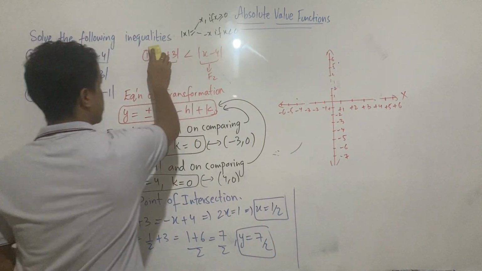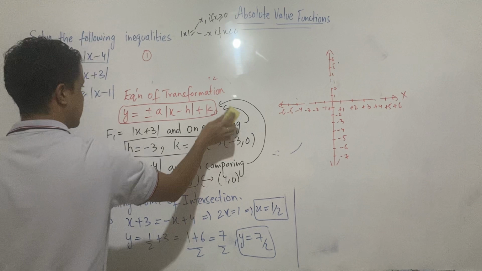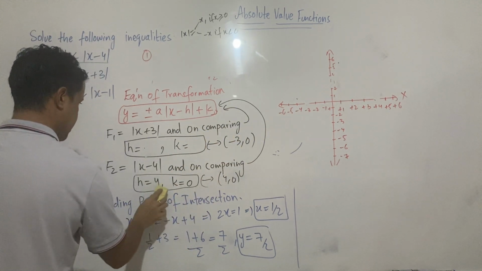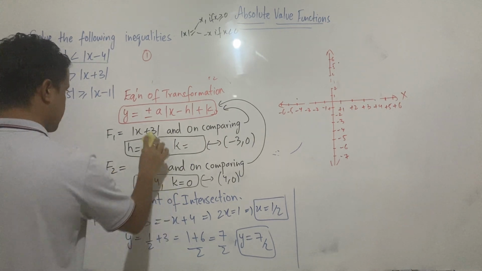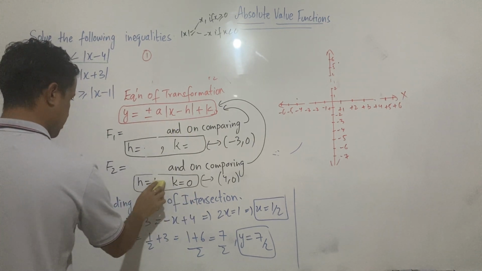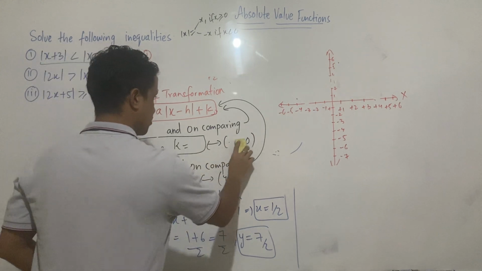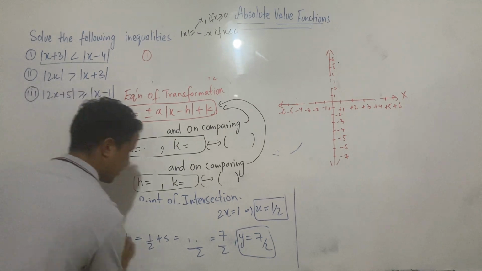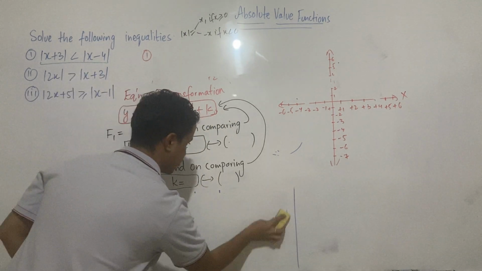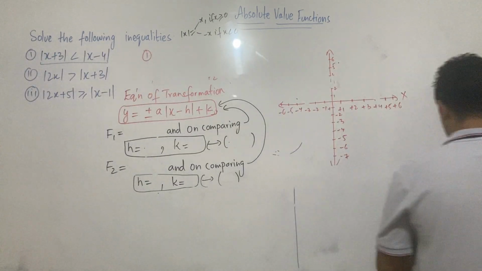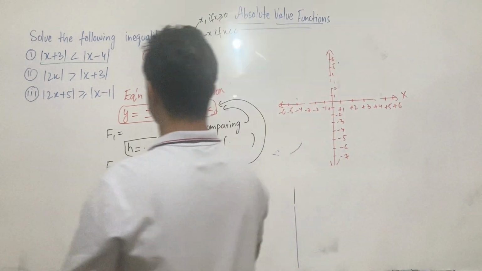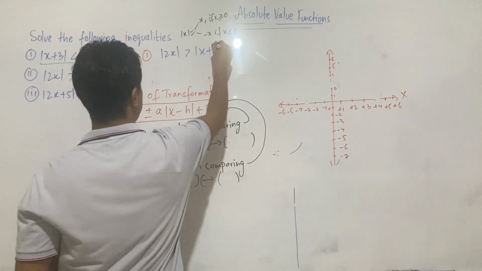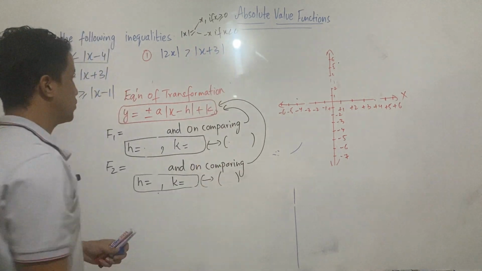Okay, the next question given to us is to solve this inequality: absolute value of 2x greater than absolute value of x plus 3. Okay, this is the question.